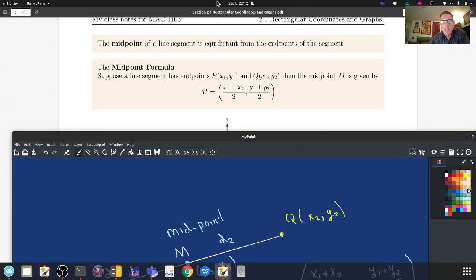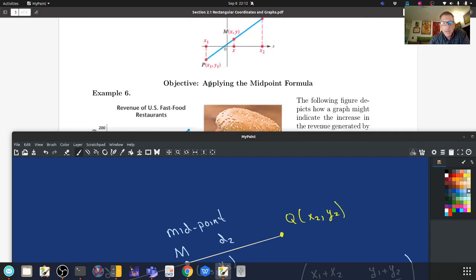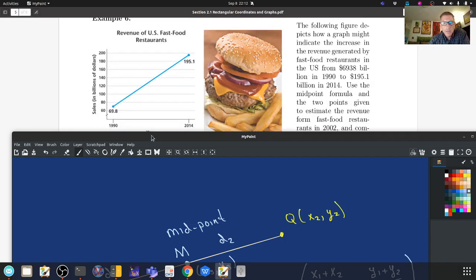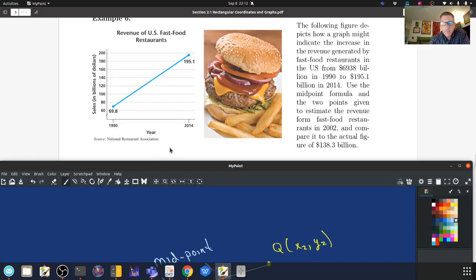So let's go ahead and do an applied problem, a hamburger problem. Here we have a graph.